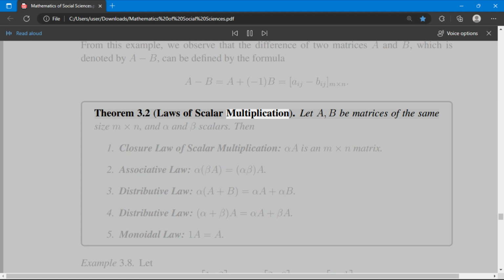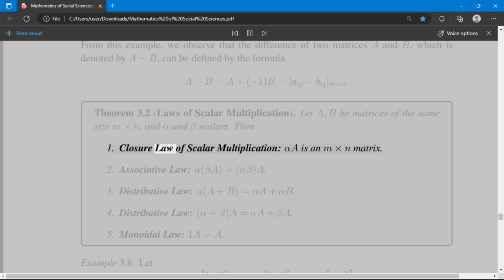Theorem 3.2, Laws of Scalar Multiplication. Let A, B be matrices of the same size m times n, and alpha and beta scalars. Then 1. Closure law of scalar multiplication: alpha A is an m times n matrix. 2.